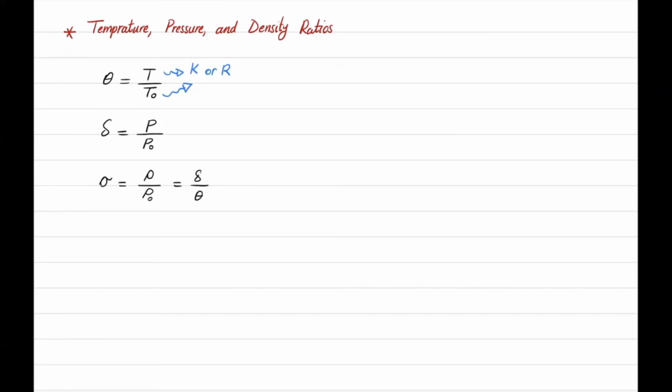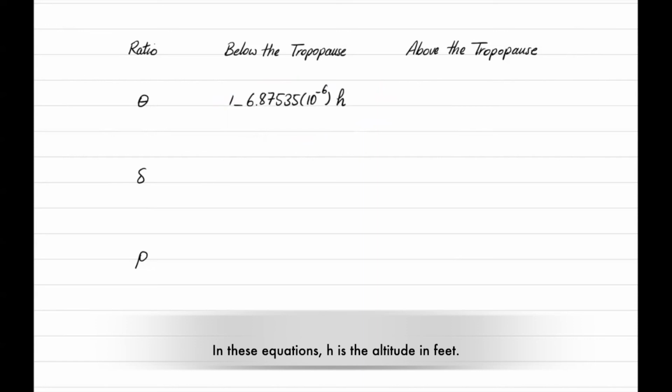Now we can have equations for temperature, pressure, and density ratio variations below the tropopause and also above the tropopause. So the ratios are the temperature ratio, the pressure ratio, and also the density ratio. Below the tropopause, this is the equation for the variation of the temperature ratio, and above the tropopause, since the temperature is constant, the temperature ratio will be constant as well.